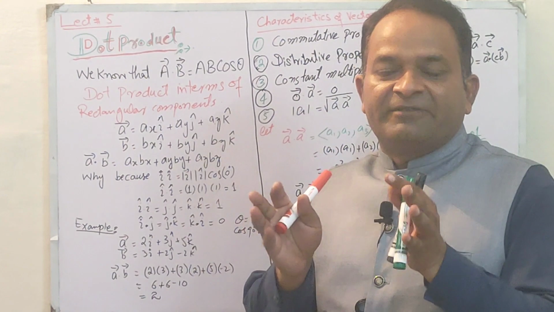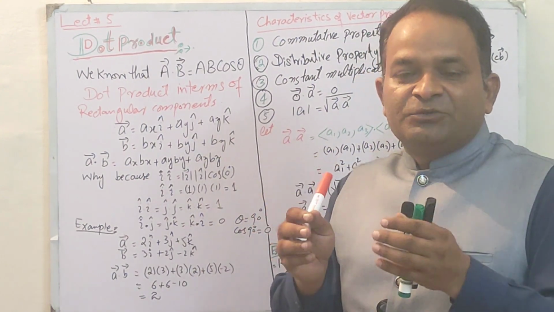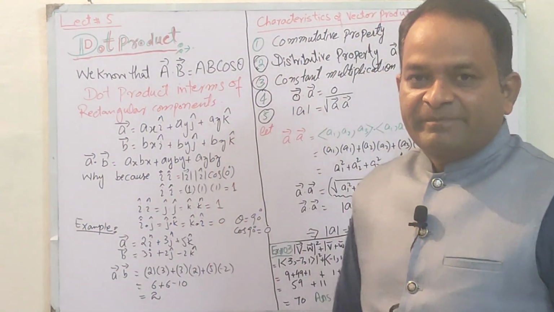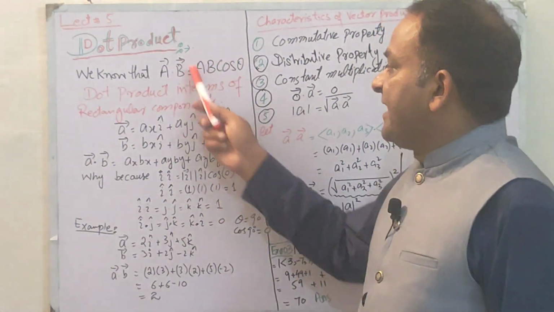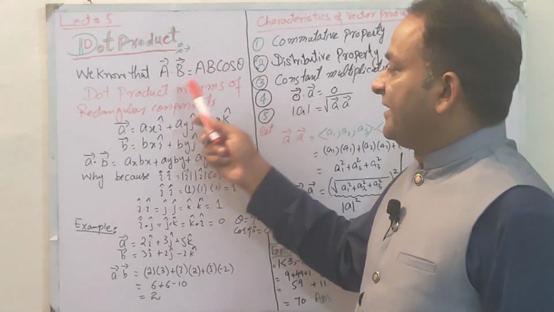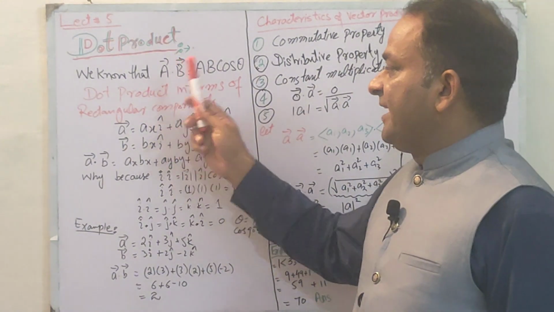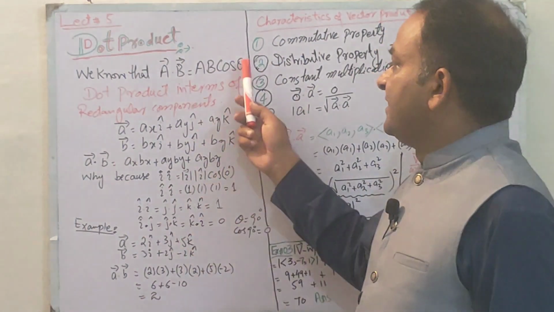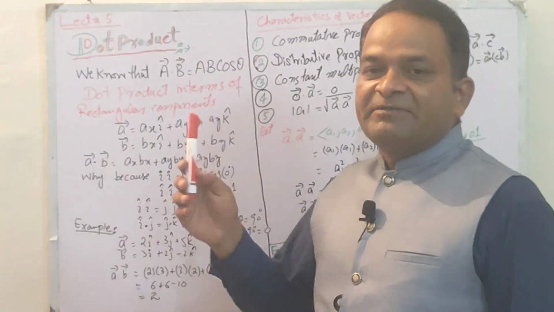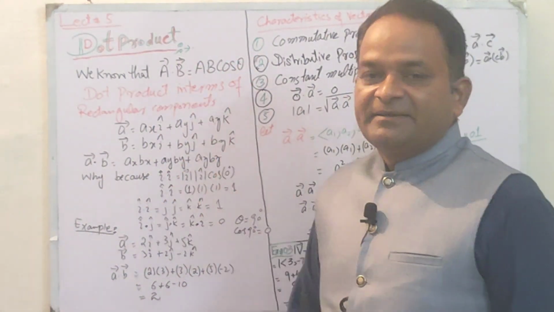Magnitude is a numerical value, or magnitude is a number. So these are just numbers. It is a magnitude. It is a scalar quantity. After multiplying vector A and vector B, we will get a scalar. And theta is the angle between vector A and vector B.